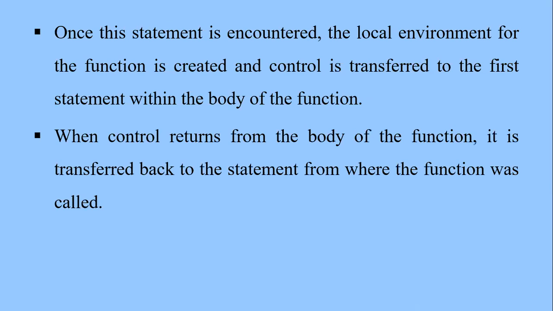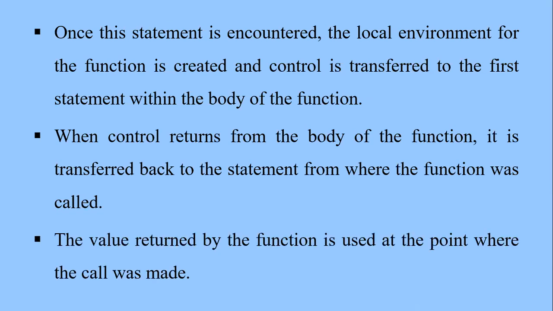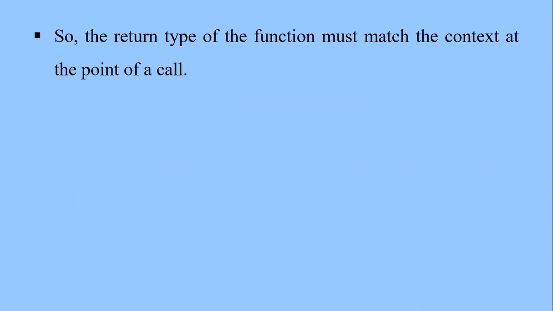When control returns from the body of the function, it is transferred back to the statement from where the function was called. The value returned by the function is used at the point where the call was made. So the return type of the function must match the context at the point of a call.